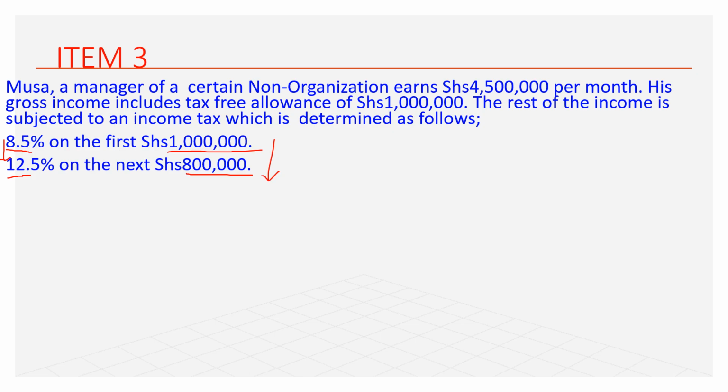However, we shall be charging the next 800 you are topping on to the 1 million. So we shall not charge the total of 1 million; rather, we shall charge the tax rate on the 800 you are topping on. So that money keeps on adding.